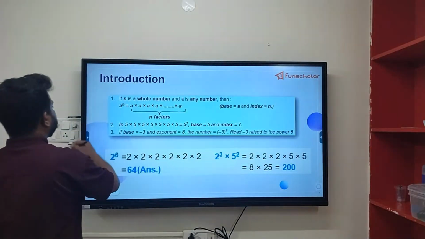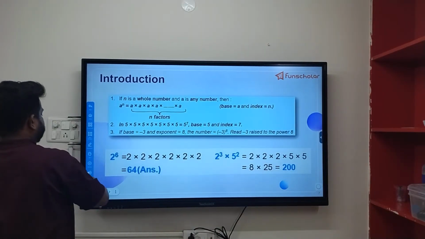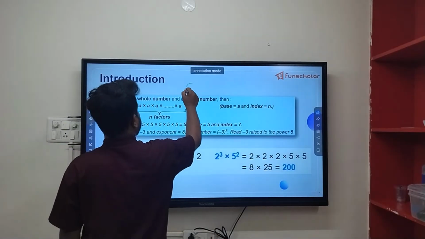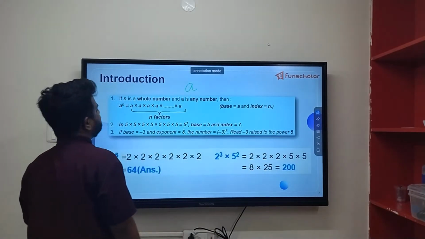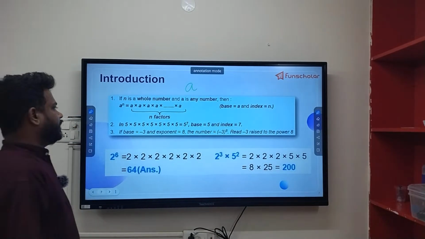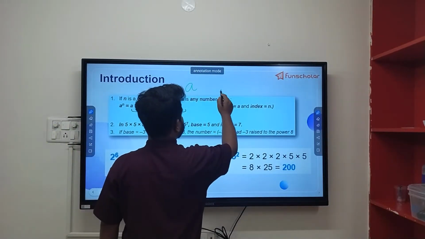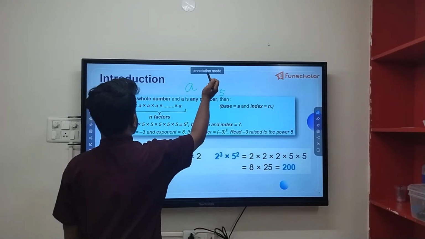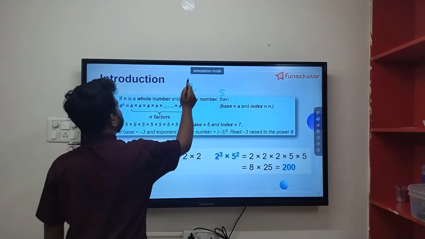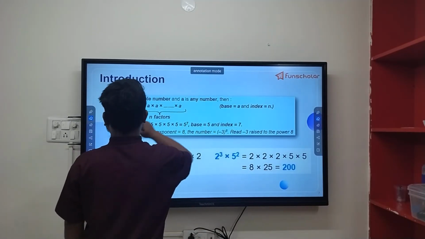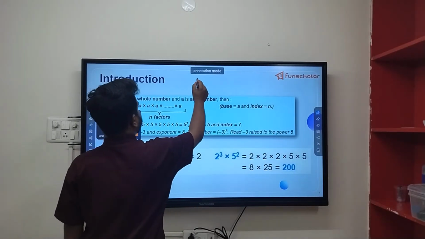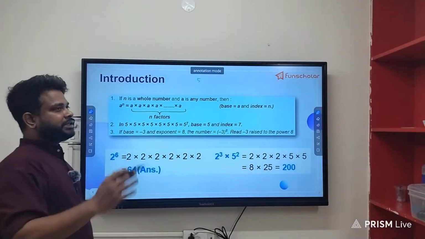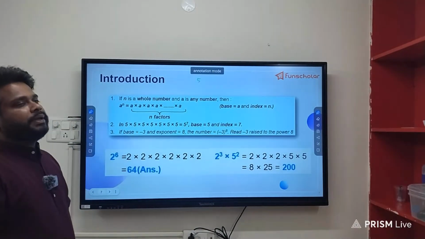Think of a as 5, and n is a whole number, I am taking it as 5, and a is any number, be it a natural number, a real number, or any kind of number.